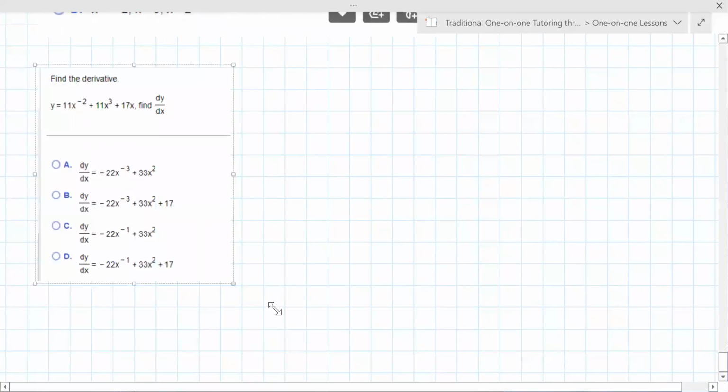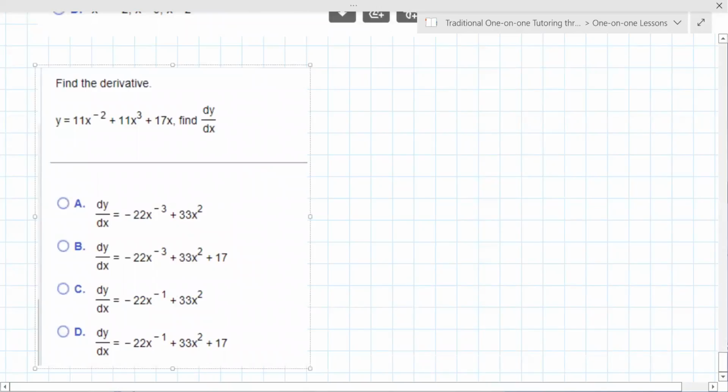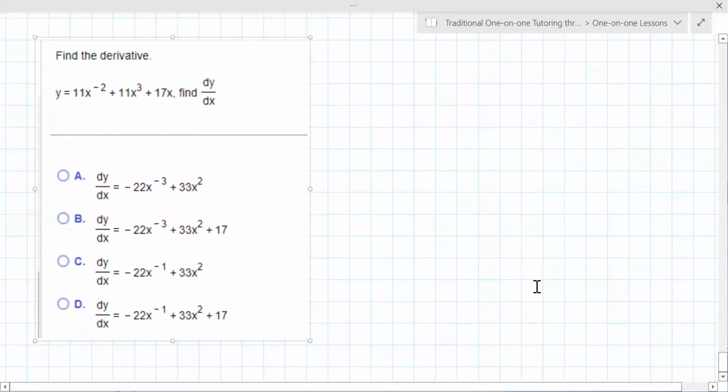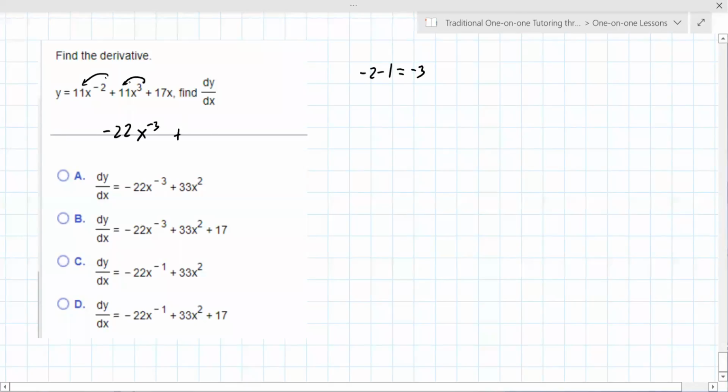All right. Okay, so this one says to find the derivative. All right, and this is a pure chain rule problem. Okay, or I'm sorry, not chain rule, power rule problem. So you take the exponent and you multiply it by the coefficient. So it's minus 22x, but then you subtract 1. Minus 2 minus 1 is minus 3. Okay. Plus, take that 3 and multiply it by the 11.